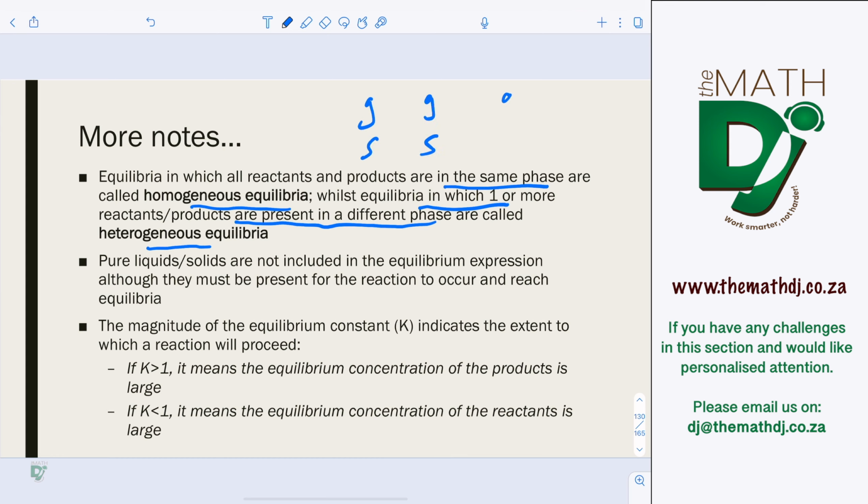But if one of them is a gas plus a solid, then there are more than one state. You understand? So it becomes heterogeneous. Heterogeneous just means more than one phase. So that's what we are referring to.